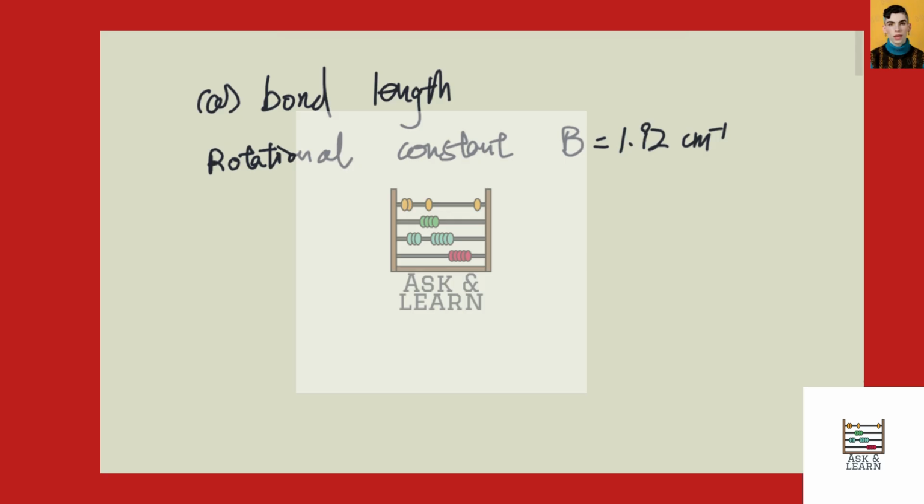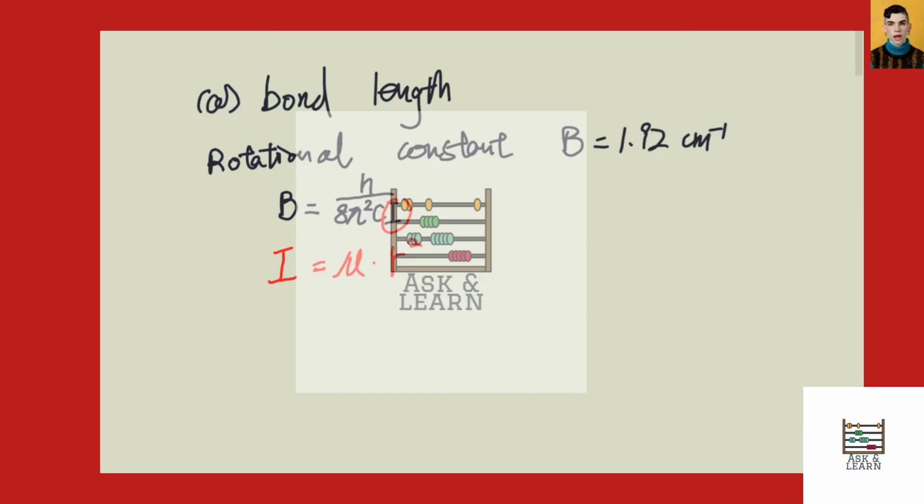So the first thing we need to do is to write down the expression of the rotational constant, which you can check in the book: B equals Planck constant over 8 pi square times speed of light and times the moment of inertia. And for the moment of inertia, I also equals the reduced mass of the molecule times the bond length squared.